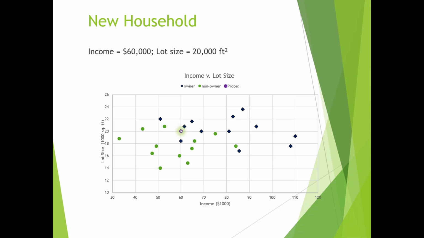Now you look at the closest observations around this new observation. Now we have another question, which is how many closest observations should you look at? Should you look at just one? What is the closest observation? Okay, so that would be this, and that's owner. So our predicted class is owner, if you use only one neighbor.